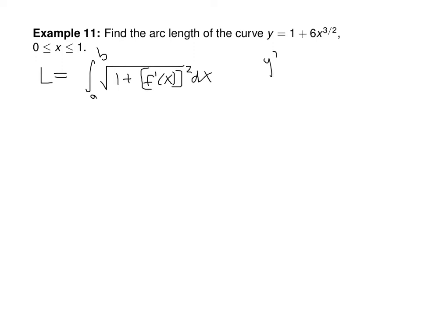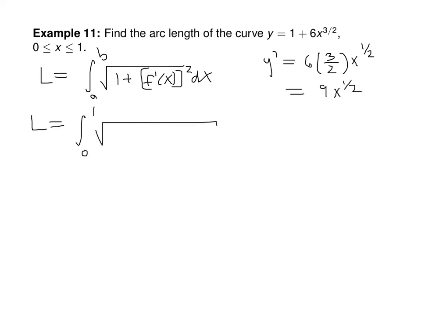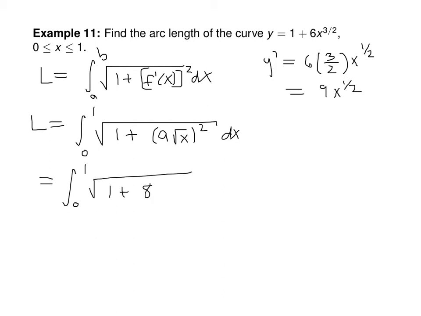So y prime is 6 times 3 halves x to the 1 half, or that is 9x to the 1 half. So the length of our particular curve is given by an integral from 0 to 1, square root 1 plus 9 root x squared dx, or the integral from 0 to 1 root 1 plus 81x dx.